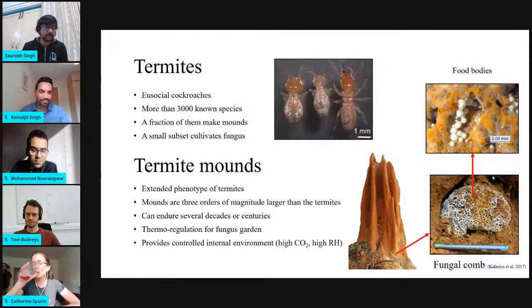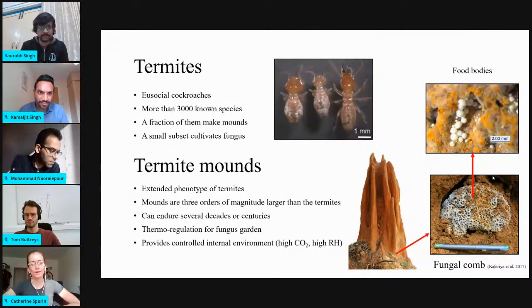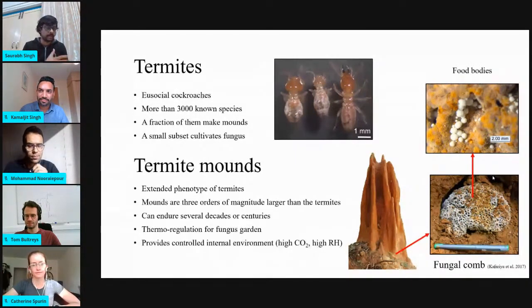There are more than 3,000 known species of termites around the world, and a fraction of them make termite mounds, and a subset of these will further cultivate a fungus farming garden inside the termite mound, which will be used for food. There are three castes of termites: major worker, minor worker, and soldier. The major and minor workers do most of the work, and the soldier is basically protecting the colony.